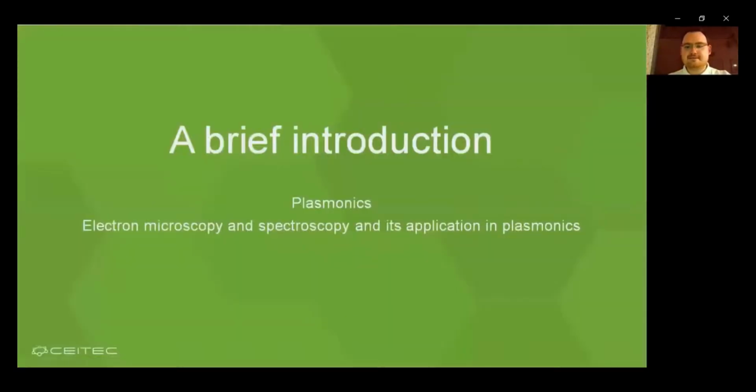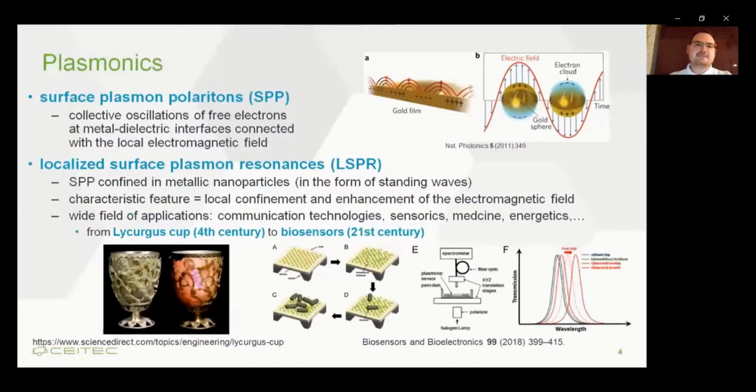So let's start with the brief introduction. Plasmonics deals mostly with surface plasmon polaritons, which are collective oscillations of free electrons at metal-dielectric interfaces connected with the local electromagnetic field. Localized surface plasmons are then surface plasmon polaritons, which are confined in metallic nanoparticles in the form of standing waves, and their characteristic feature is local confinement and enhancement of the electromagnetic field.